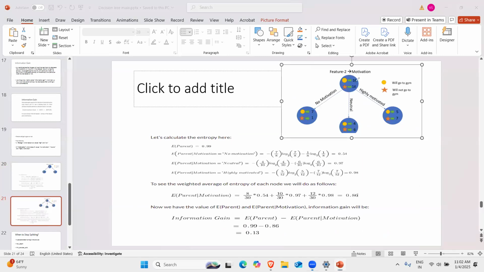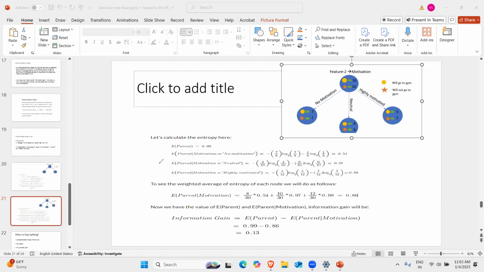Now 16, 14, the same data set. Out of that, you have no motivation, neutral motivation, and highly motivated. If there is no motivation, 7 will go to gym and 1 will not go to gym. If there is neutral motivation, only 4 people will go to gym, 6 people will not go to gym. If there is high motivation, highly motivated, only 5 people will go to gym and 7 people will not go to gym, right?